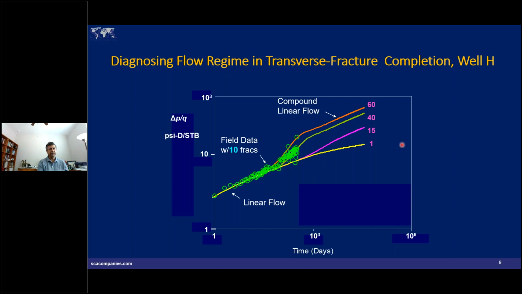This case would be for one stage of fracture, 15, and so on. What was interesting is that for this particular well, we had only 10 fracture stages because these were the early stages of field development. And it fitted with 40 stages of fracture. So it was a head scratcher, what is going on?